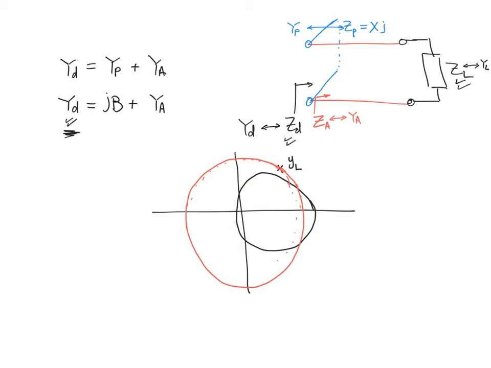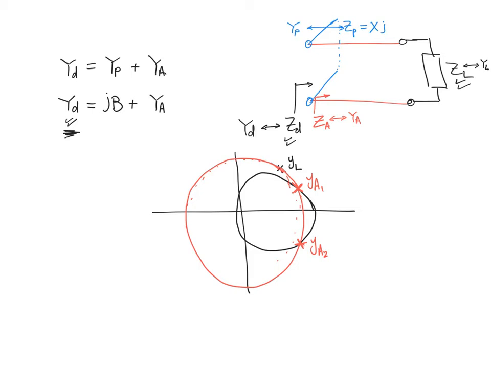Now the intersection of those two circles is going to give me the solution. Remember that the solution that I will get from here is the normalized YA, so call it YA1 and YA2, okay? Now, knowing YA, I can move on and design ZP or YP such that I get the desired impedance.